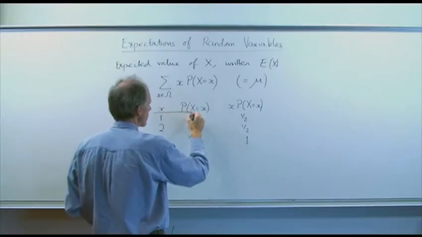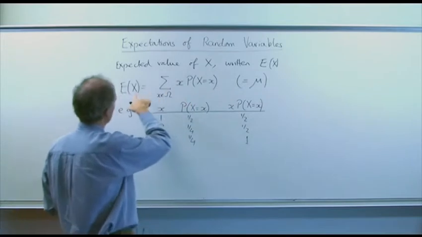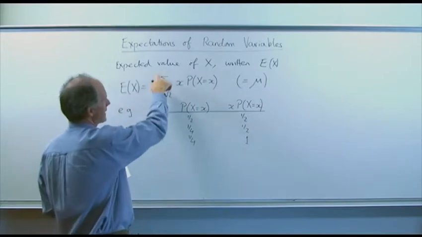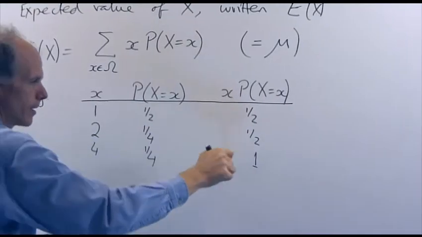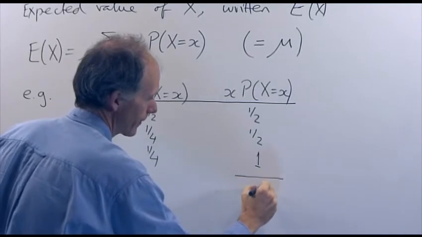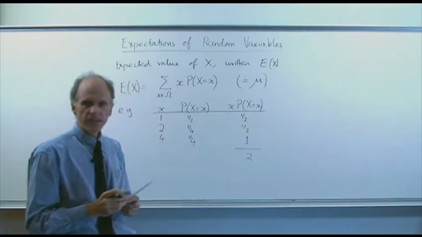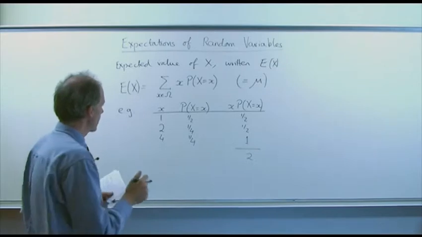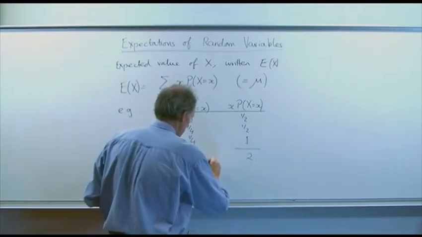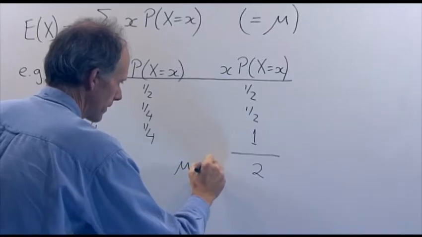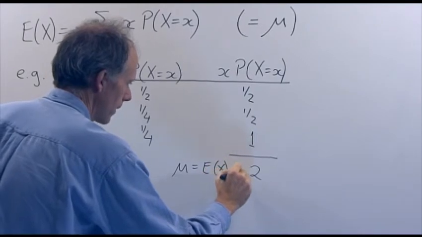And then the final thing we need to do in order to get the expected value is simply to add up these three terms, and so we get the value 2. So the expected value of x in this case, let's put down mu, the expected value of x is equal to 2.